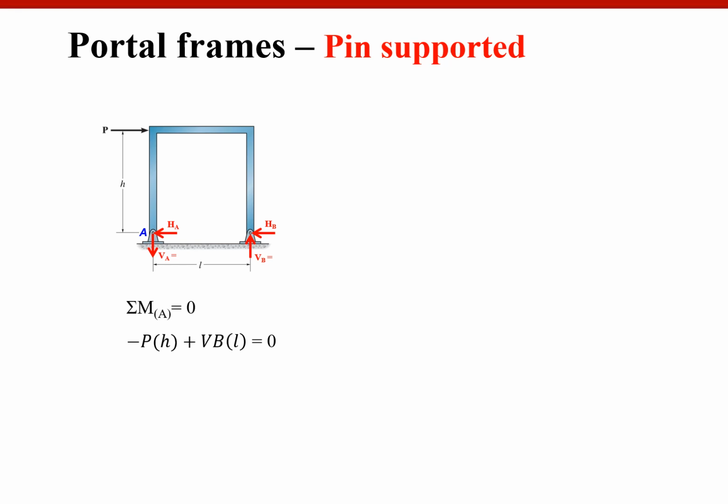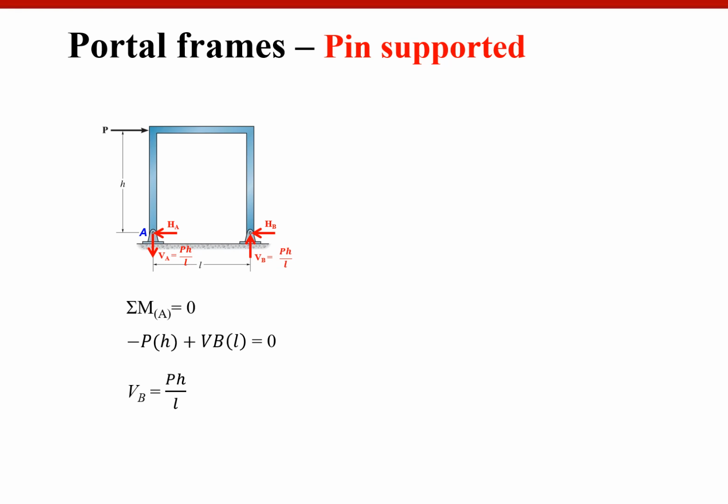So they must be in rotational equilibrium, so that you can get VB value PH over L. If your VB is PH over L, considering sigma F sub x, sigma F sub y must be 0, and VA must be the same as VB in magnitude and opposite in direction.